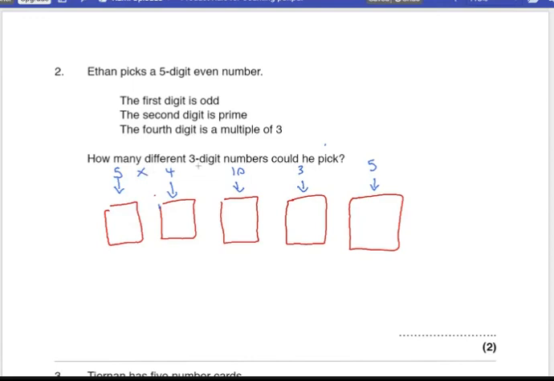And we are just multiplying those things together. So 5, 4, 10, 3, 5. And we just have to multiply those out. 3,000.